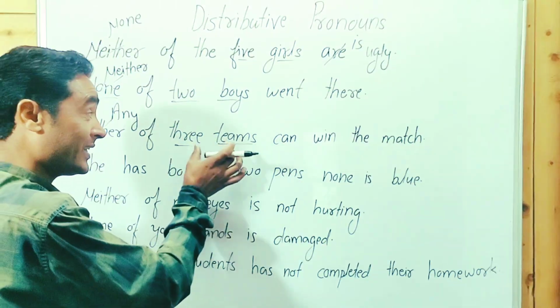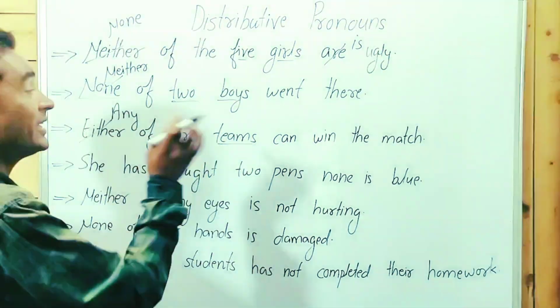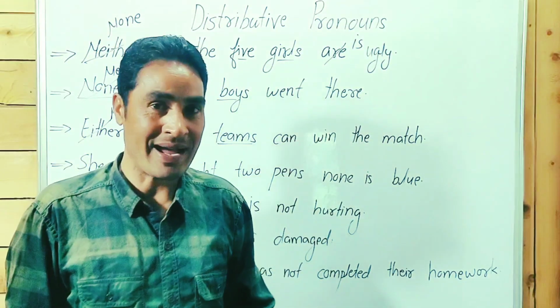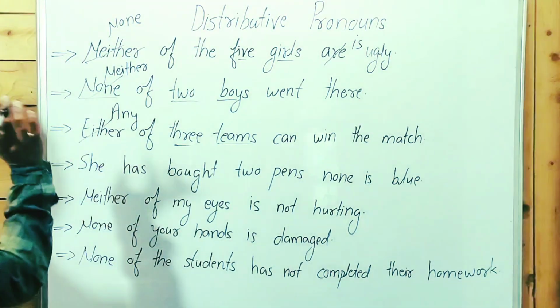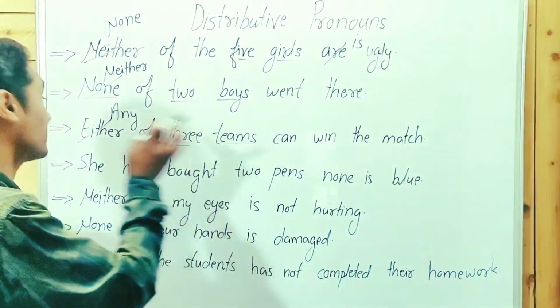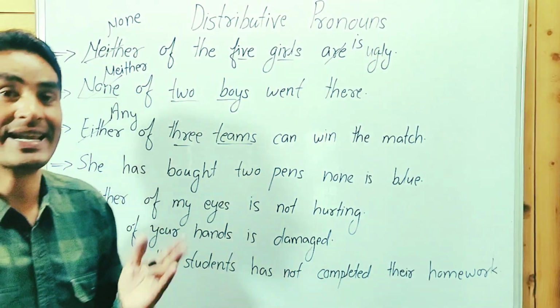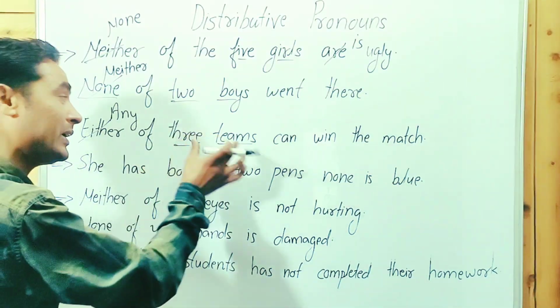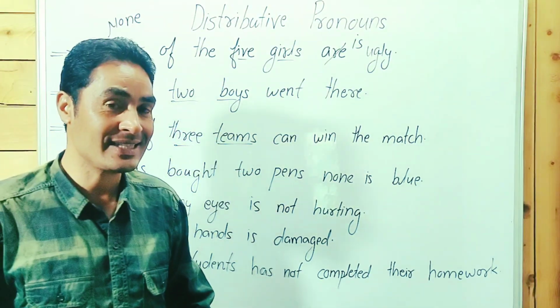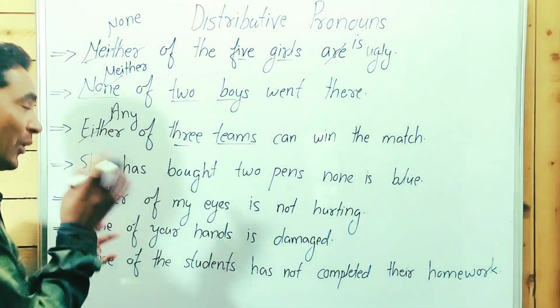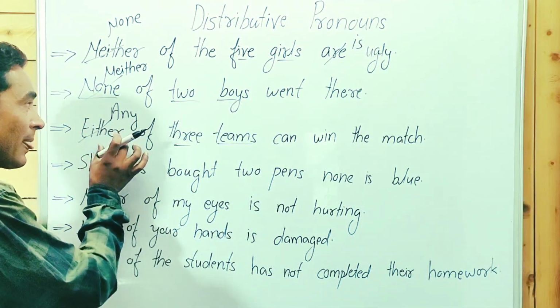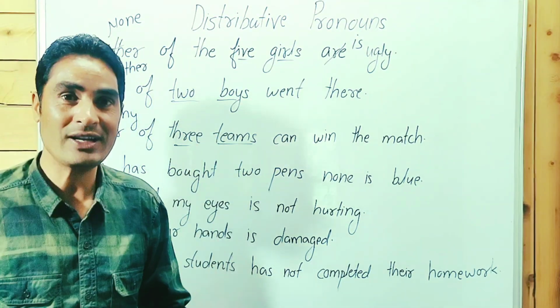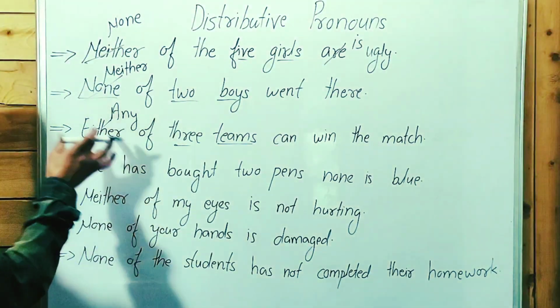Any of 3 teams can win the match. We can't say either of 3 teams; either of 2 teams can win this match is correct. But when we talk about 3 or more nouns, we use any.